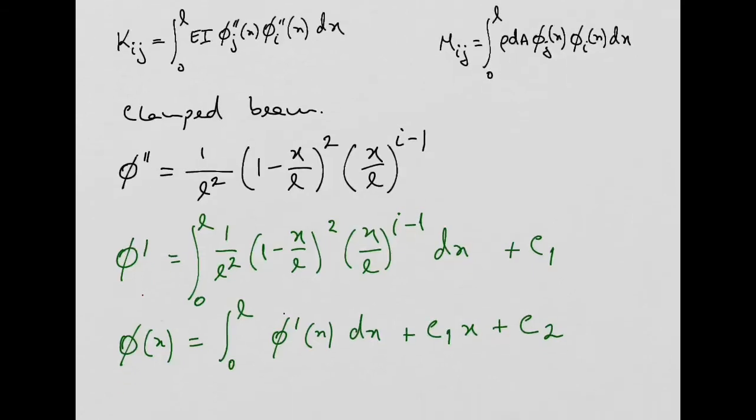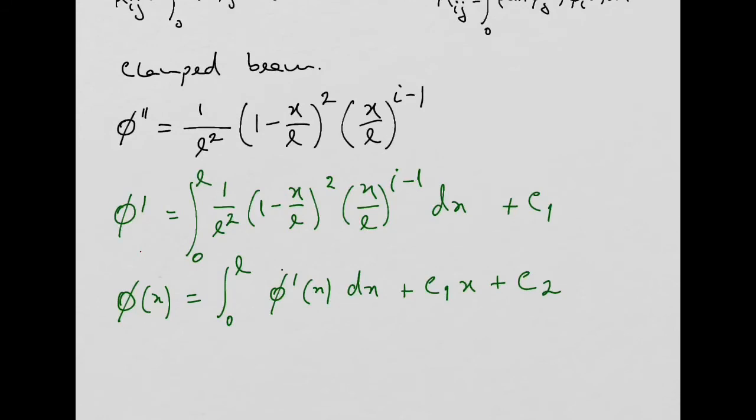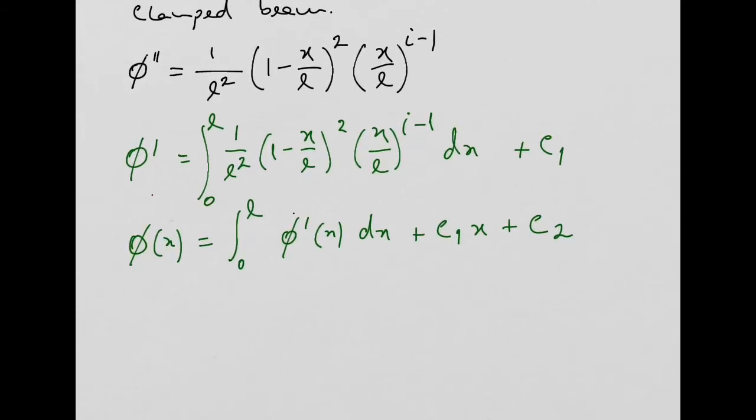The question now is, where do you get this C1 and C2? Well, you get them again from boundary conditions. One boundary condition is the slope. The slope of the beam is the first derivative, right? For x equal to 0, the slope needs to be equal to 0. No rotation. The beam is clamped.